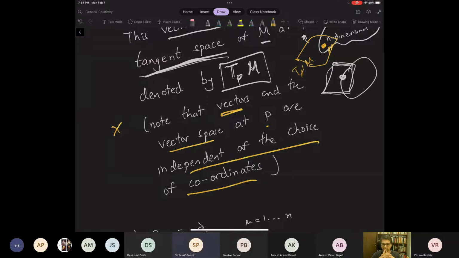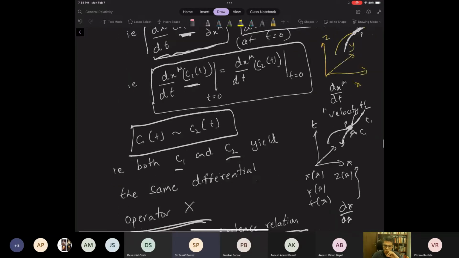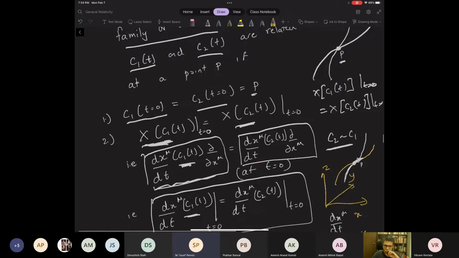Yes, sir. When you defined C1 and C2, why are you choosing the same parameter t in this condition? Isn't it possible to choose C1 at t equal to 0 and C2 at t prime equal to some point equal to P? You're absolutely right.